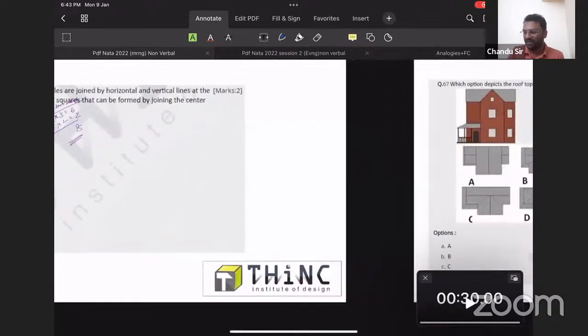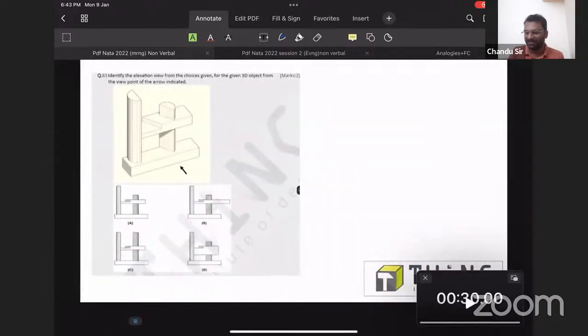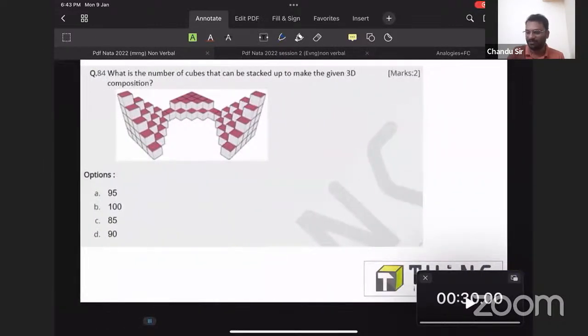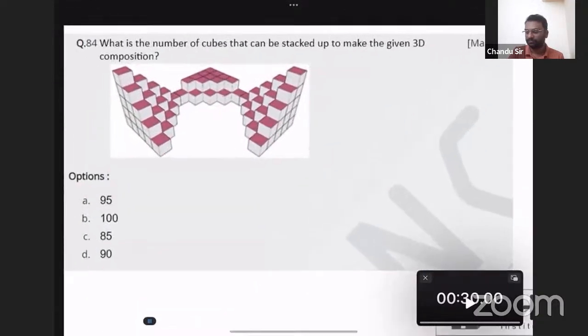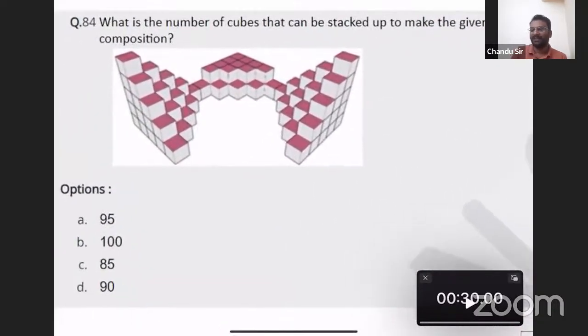Okay, so we can look into another tricky question that is from cube counting. Two years back, I think up to 2019 or 2020, they never asked a question for counting the cubes. But this time in 2022 and even in 2021, they had asked for counting solid objects.